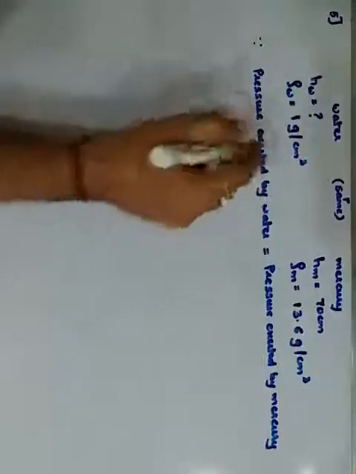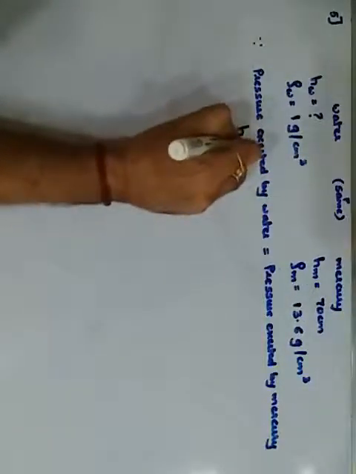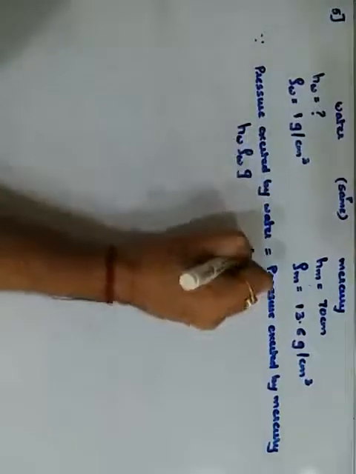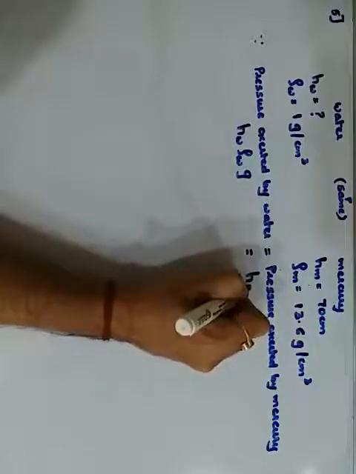Here the pressure exerted by water is given by H rho g, that is H of water, rho of water, and g is common for both. Same way, H for mercury, rho for mercury, and g remains the same. So g and g will cancel.